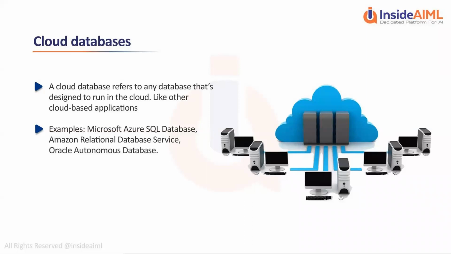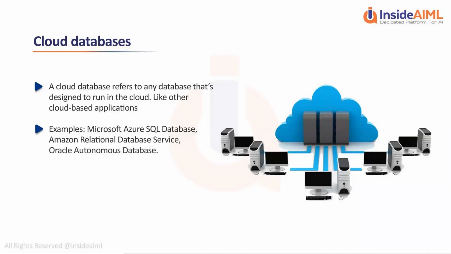So cloud-based database refers to a database that is designed to run in the cloud, like AWS, Google Cloud, Microsoft Azure services. Okay, so Microsoft Azure SQL database, they provide it for your Microsoft Azure cloud.